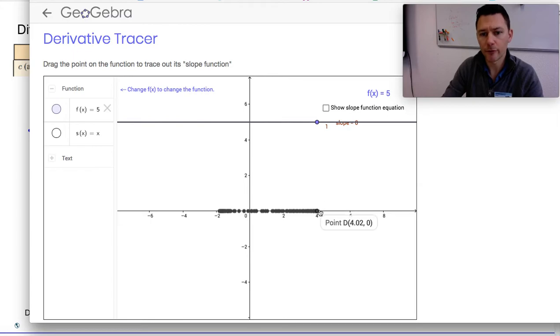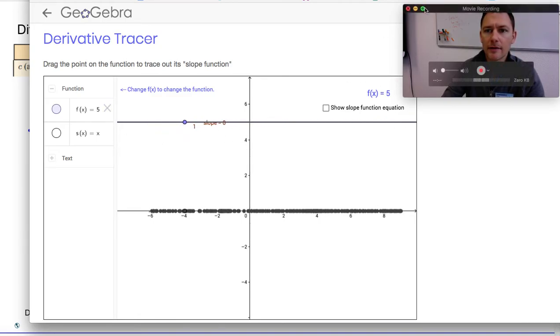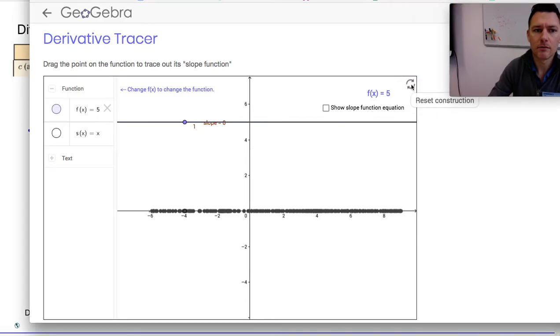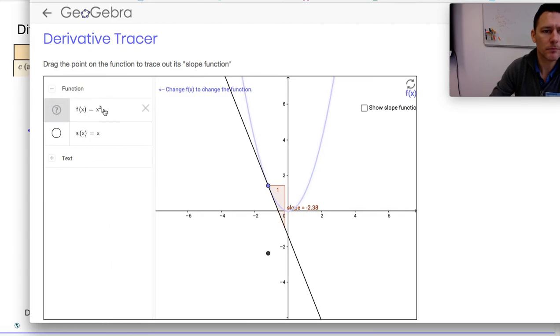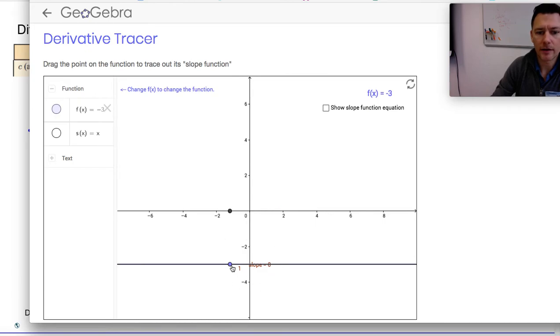Here's put in 4, and 0 is the derivative at that point, and so you get this horizontal line. Same thing if you end up with something like -3. There's our horizontal line at -3, and the slope is still 0. Y equals 0, right? That's the equation for the slope. You can see that the derivative of that should be 0 as well.